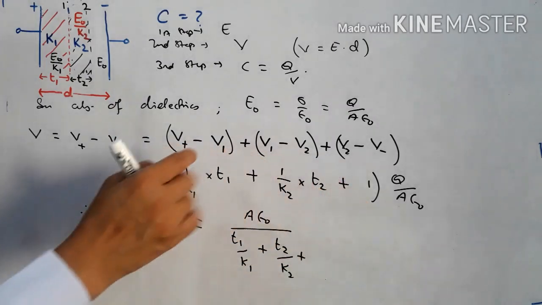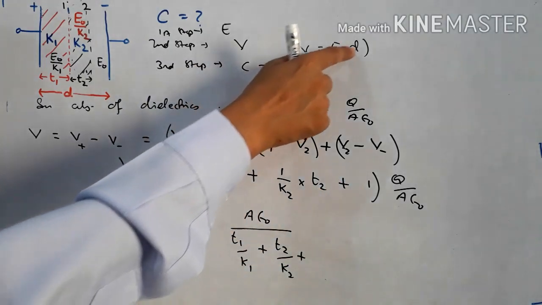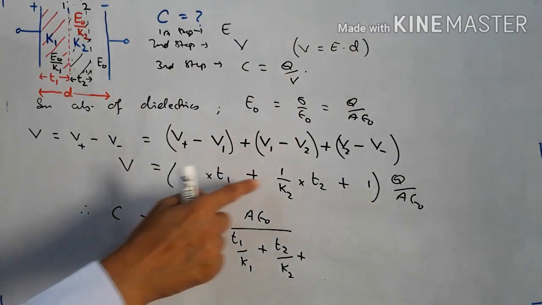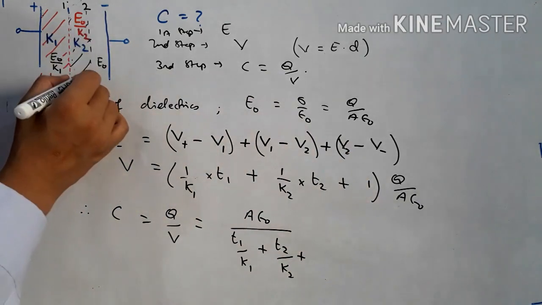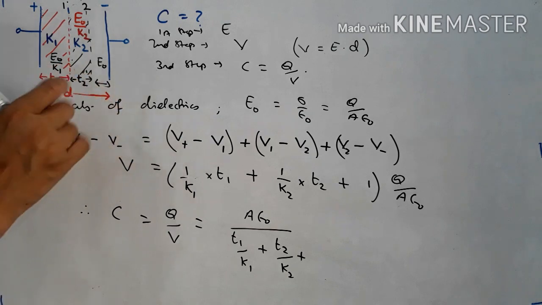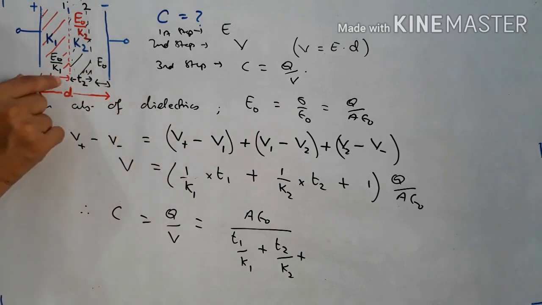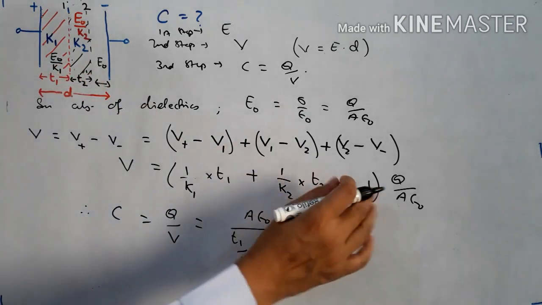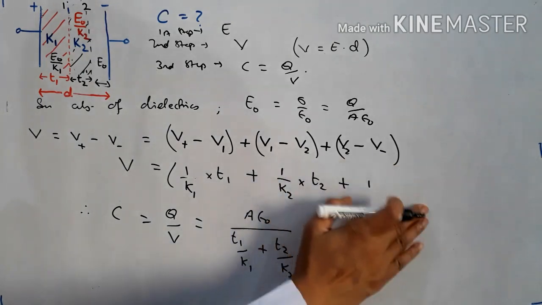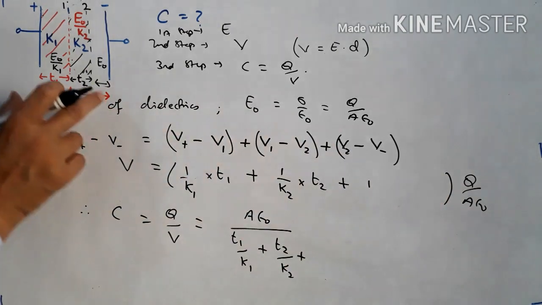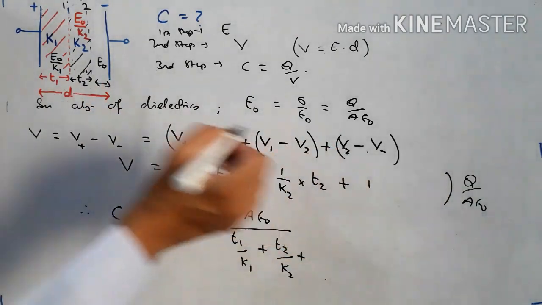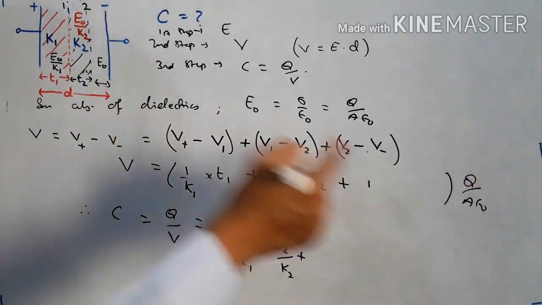This V, here I have to multiply electric field with distance. The distance was T1 here. The distance was T2 for the second case. For the third case, what is this distance? It is the total distance minus this plus this. So Q upon A epsilon naught, I will write at far. So V2 minus V minus will be E naught which I have taken common into this thickness.